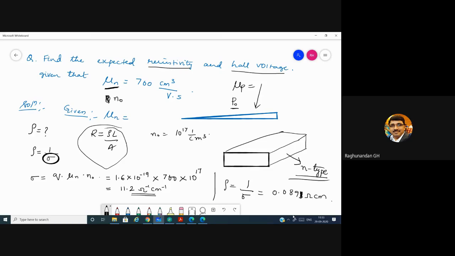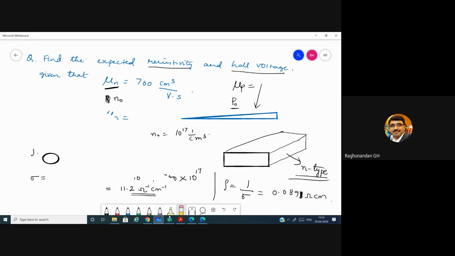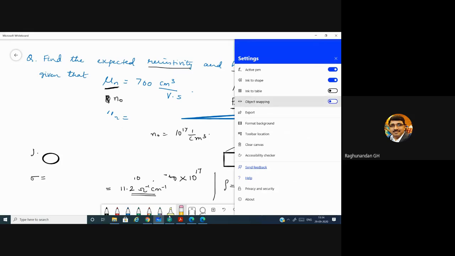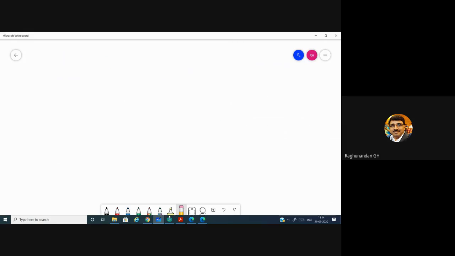Next, we need to find Hall voltage. What is the formula for Hall voltage? How are we going to find Hall voltage? Any symbol you have for the Hall voltage? VAB, sir.